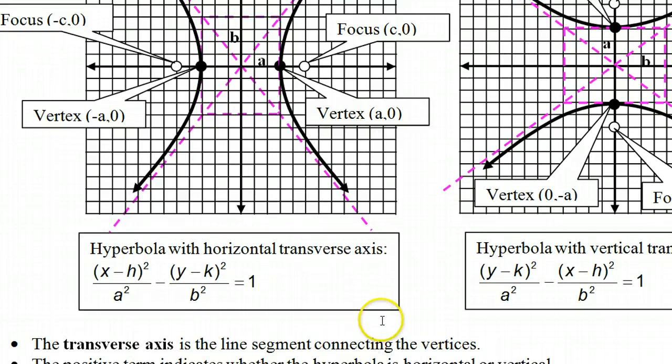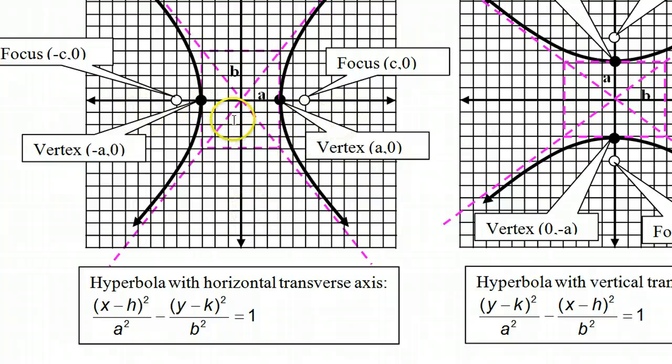Now, just keep something in mind though. For an ellipse, we always put x first and then y. For a hyperbola, because of this subtraction, one term is going to be positive, which we always put first, and the other term is going to be negative. The positive term tells you whether the hyperbola is going to be horizontal like this one or vertical like this one.